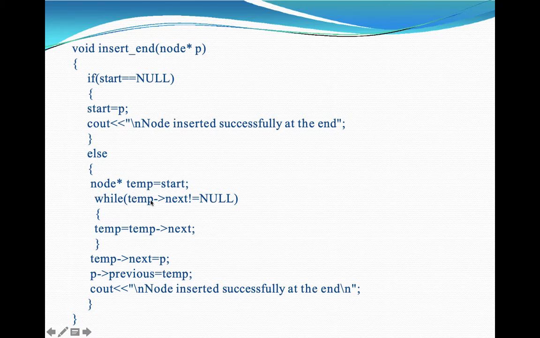So here you can see, if it is not null, means if the temp next, the next pointer of the current node, is not null, right?